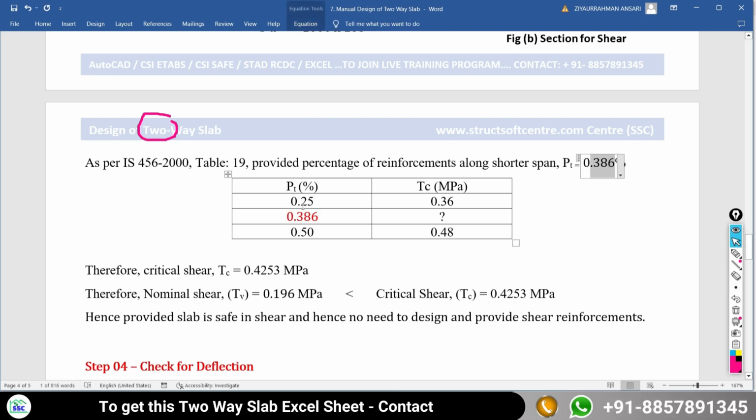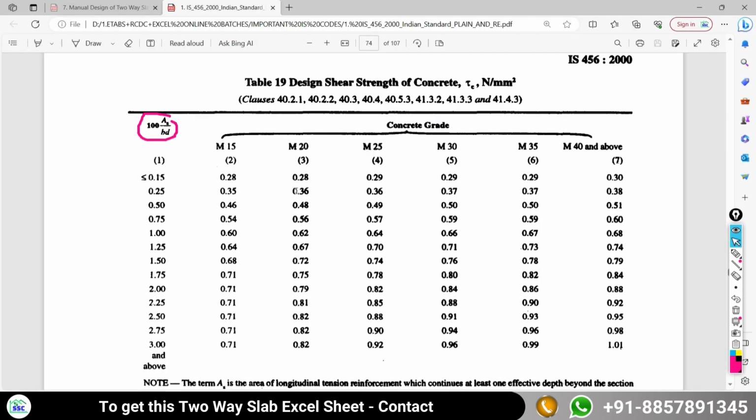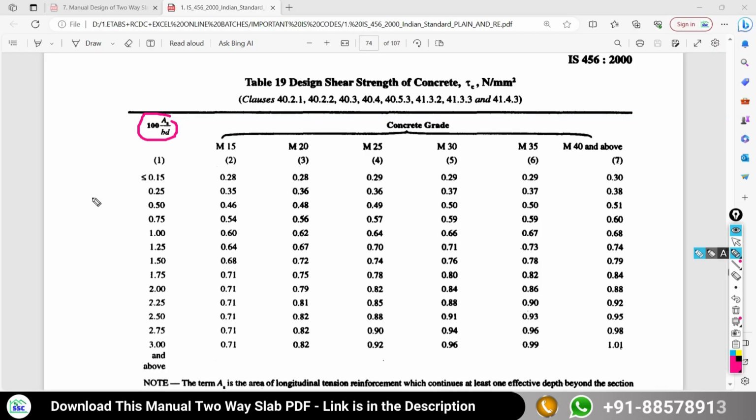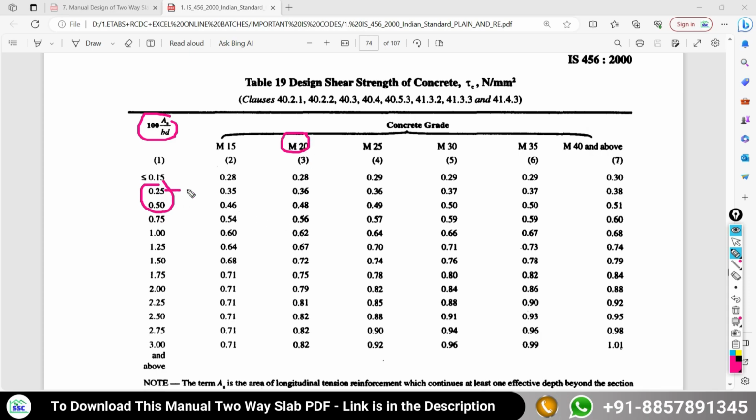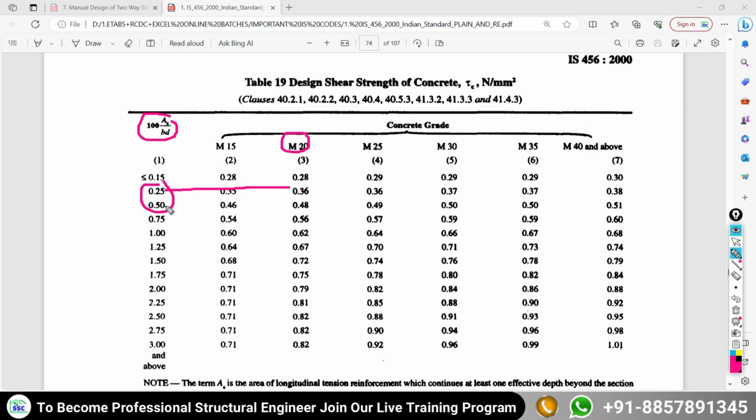This falls in between 0.25 and 0.5, because the value is not exactly available for 0.38. And our grade of concrete is M20. So for M20, for 0.25 it is 0.36, for 0.5% it is 0.48.